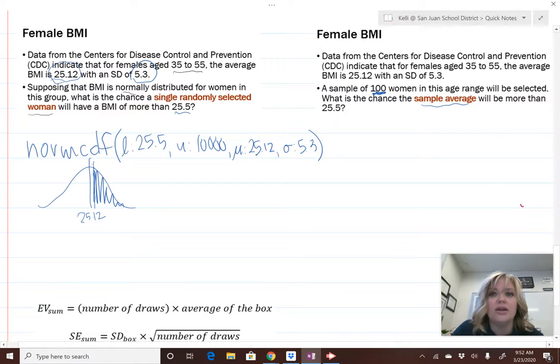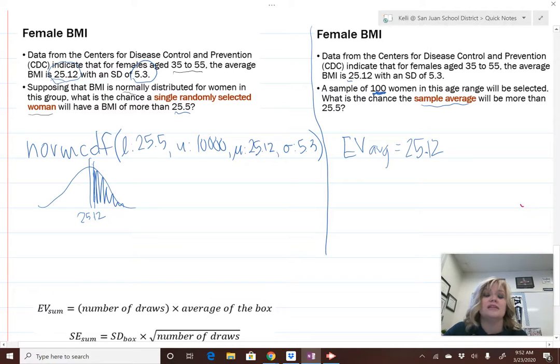So we are still going to use the EV, let's split this up. So the EV average here is the 25.12, because we still expect the sample average to be what the population average is, right?